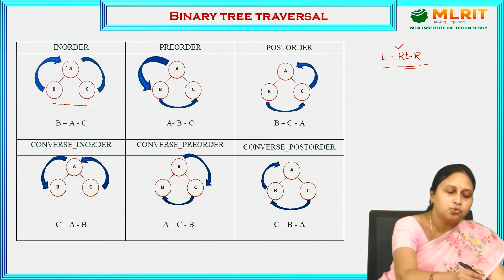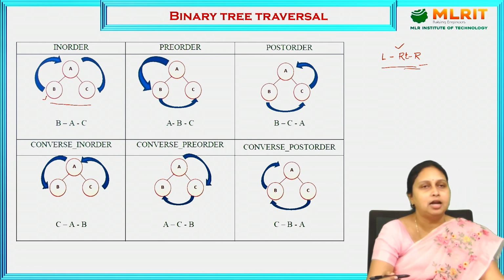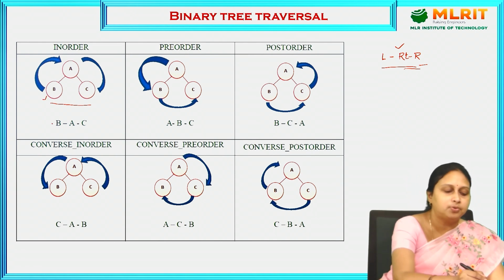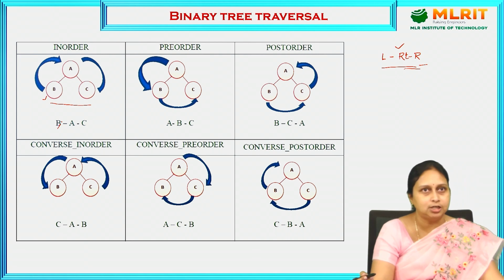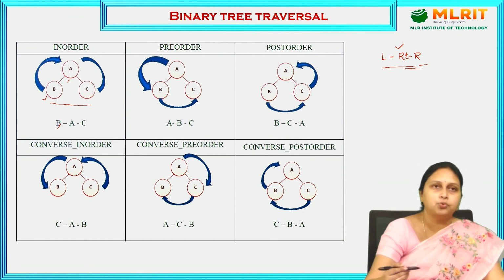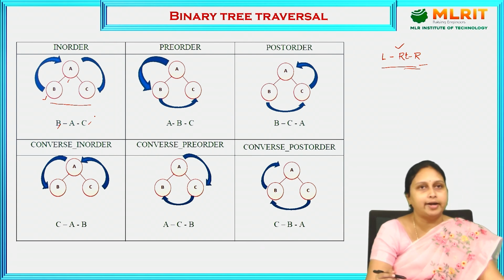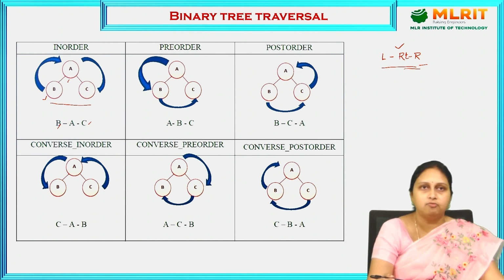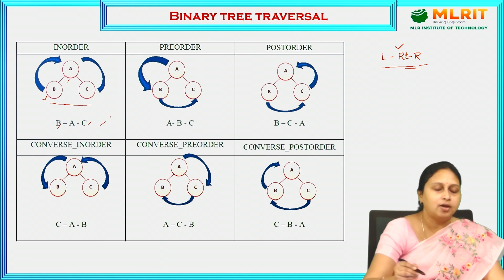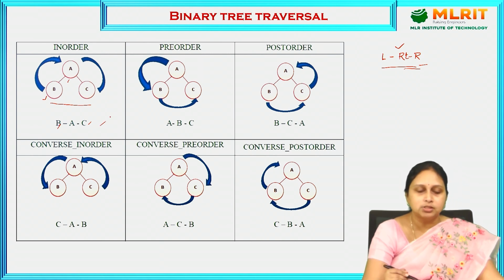From the root node, we first visit the left subtree. The left subtree node is B, that will be visited, and then we have the root node A, which will be visited, and then followed by the right subtree. The right subtree has only one node, C, which is visited. This is how we visit the nodes in in-order.